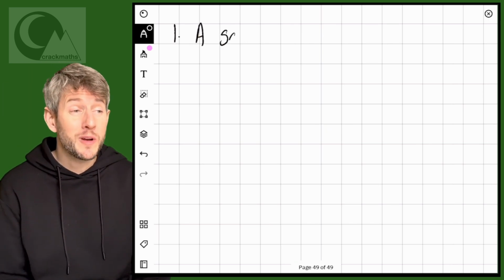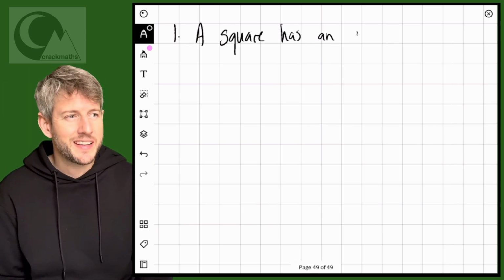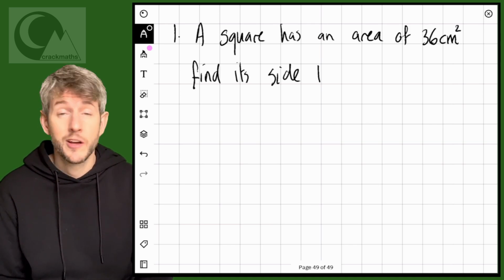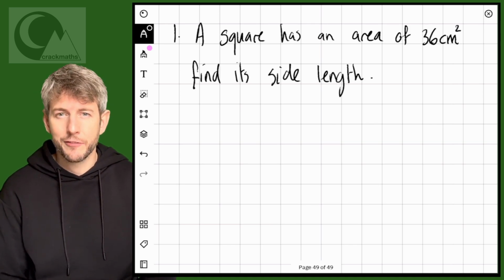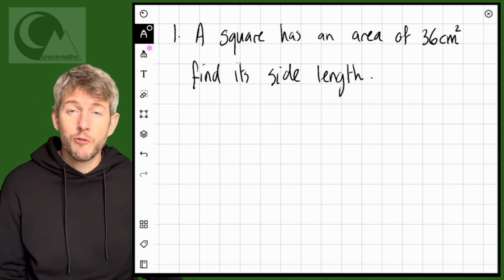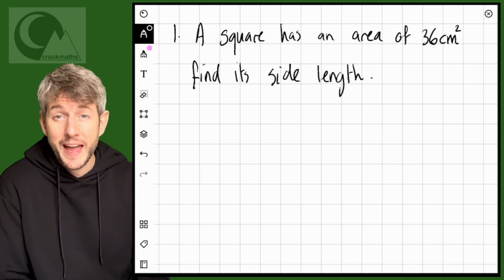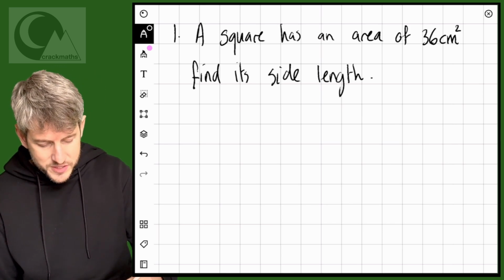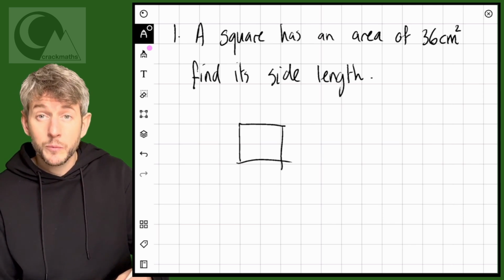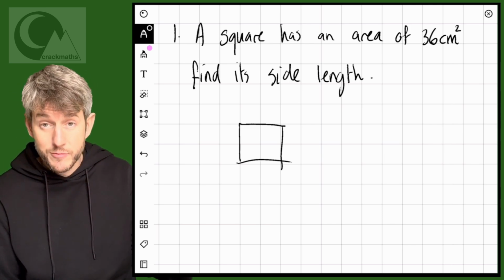Okay, here we go. We've got question 1 from the scenario section, and it says a square has an area of 36 centimeters squared. Find its side length. Okay, right. So what this requires us to do is remember the formula for the area of a square. So if I think about a square, squares are unique because their sides are all the same length.